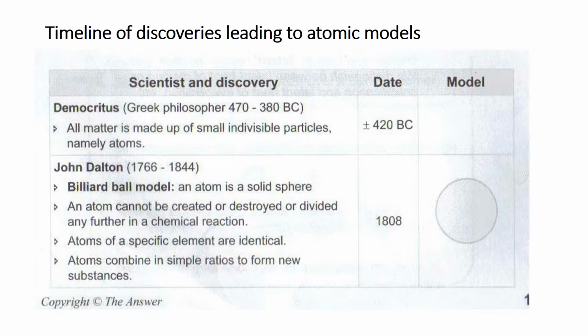So John Dalton suggested that an atom cannot be created or destroyed or divided any further in a chemical reaction, and that atoms of a specific element are identical and that they combine in simple ratios to form new substances. And that is Dalton's model on the right that you see there, the solid sphere. That is the atom according to Dalton.